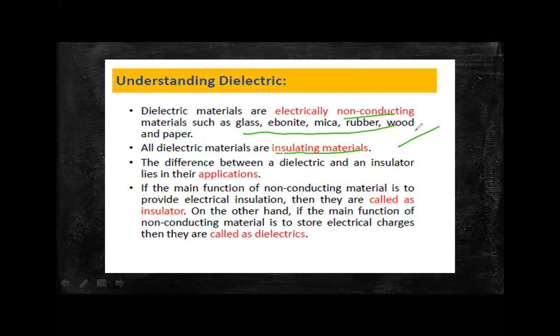Sometimes if you want to keep an insulating layer around a conducting wire, we use this dielectric material. We also use dielectric material in charge storage devices, like C equals epsilon A by D. We discussed this in capacitors. I think in paper 3, the electrodynamics paper, you are also discussing that. So epsilon A by D.